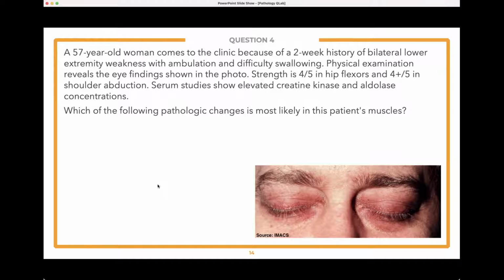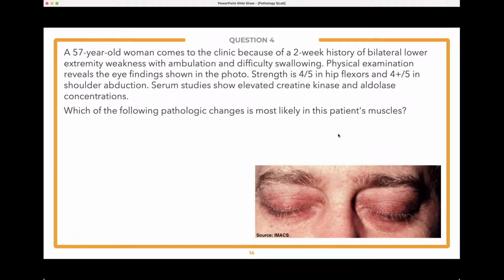Serum studies show elevated creatine kinase and aldolase concentrations. So again, the question, which of the following pathologic changes is most likely in this patient's muscles? So I invite you to go back to the question box. Let us know how many steps you think this question is going to require in order to answer it as I pass it over to Paris.